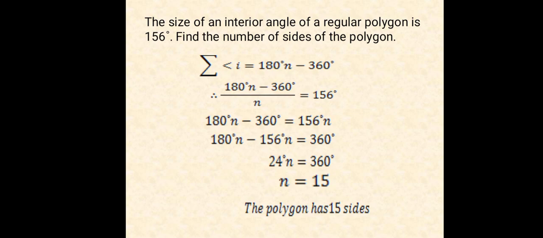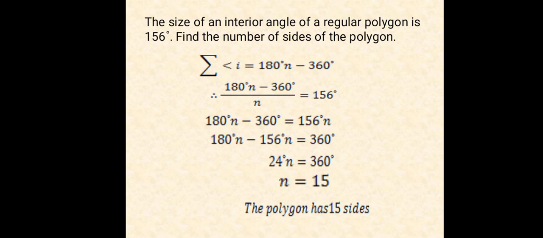The size of an interior angle of a regular polygon is 156 degrees. Find the number of sides of the polygon. Now we know the sum of all interior angles of a polygon is 180 degrees n minus 360. And if you want to get the size of just one interior angle, you divide that formula by the number of sides, which is n.